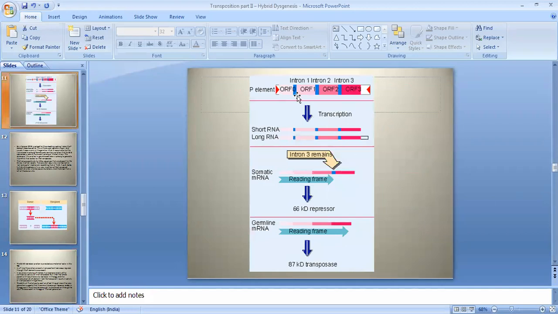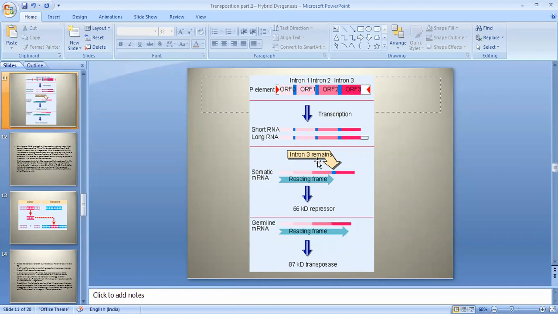Now this is a long RNA. So intron 1, intron 2, these blue parts are introns, and it is being transcribed with the introns.